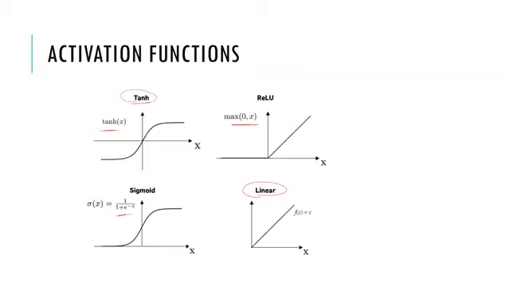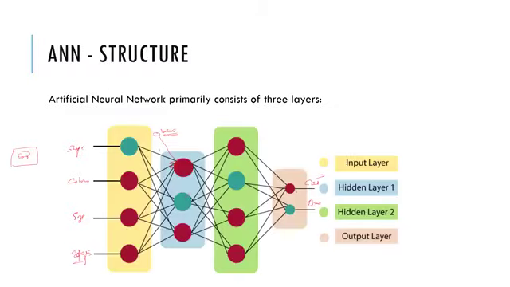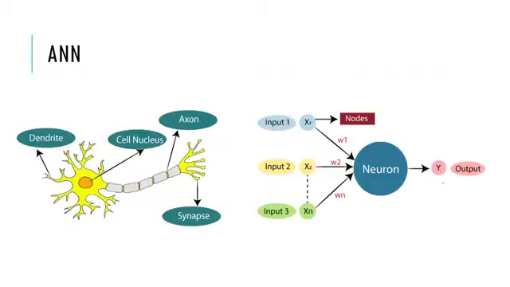So for example, in this layer, if it is only one single node, I will use this particular adder. Let's suppose this is my output, and here I have defined it as linear. Basically, we will use linear when we are dealing with a regression problem where we have to predict some numerical variable. So here it is only one single node, so it will work just like a simple linear regression.